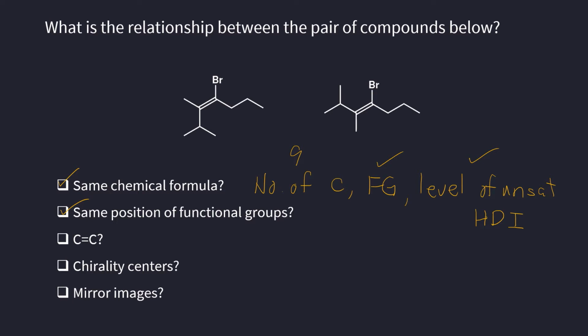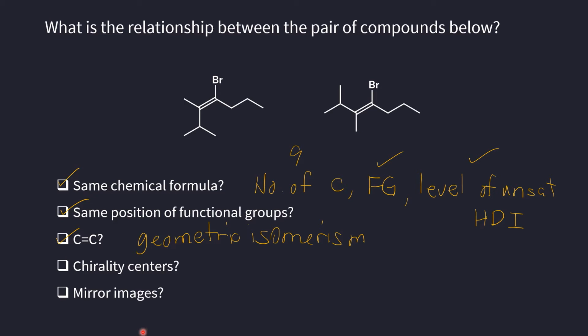And this compound definitely has a carbon-carbon double bond, so we are likely to see geometric isomerism in the two compounds. Geometric isomerism is where your compound may exhibit cis-trans or E/Z isomerism. If they are geometric isomers, then they are diastereomers.